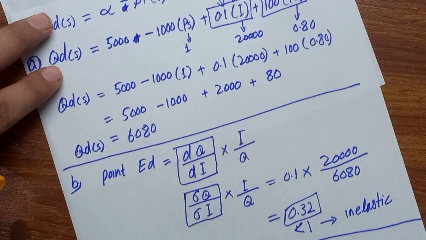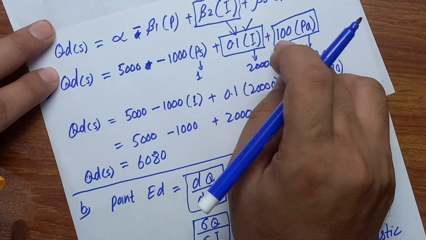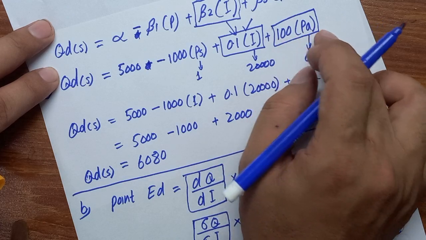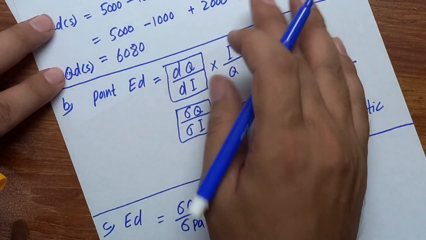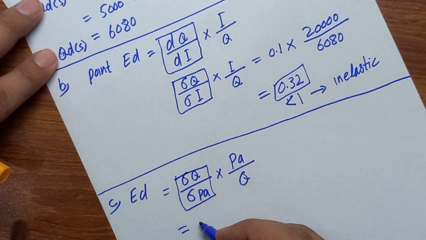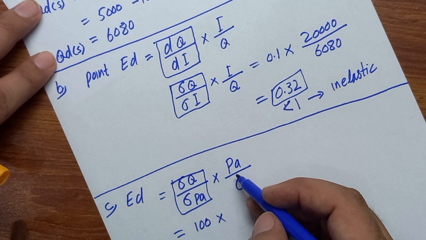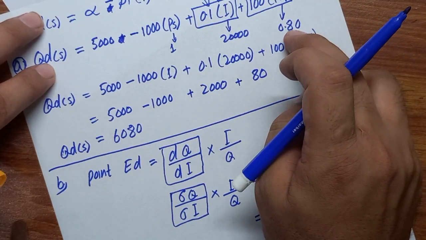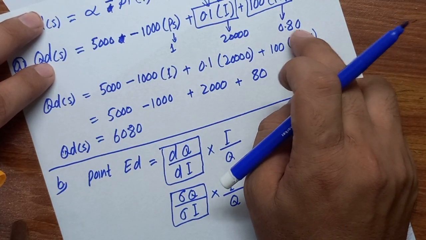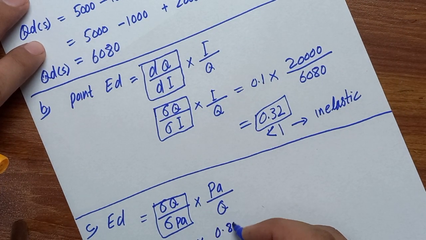Now when we take the partial derivative of this step, we take only 100 and PA will be removed. So instead of this step I will write 100, multiplied by the value of PA. The price of aluminum is 0.80, and the quantity of demand is 6080.